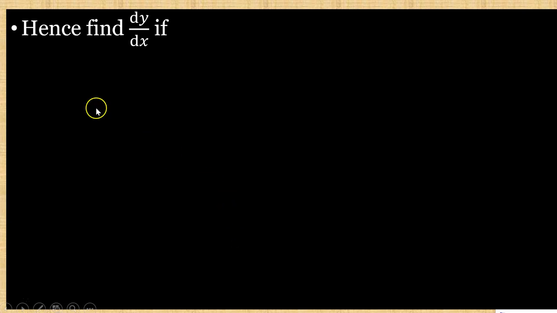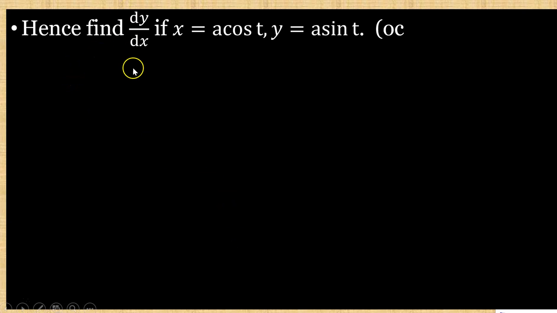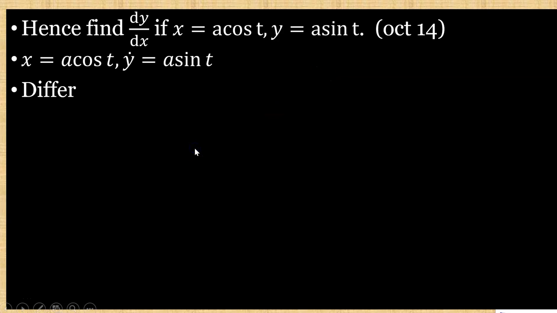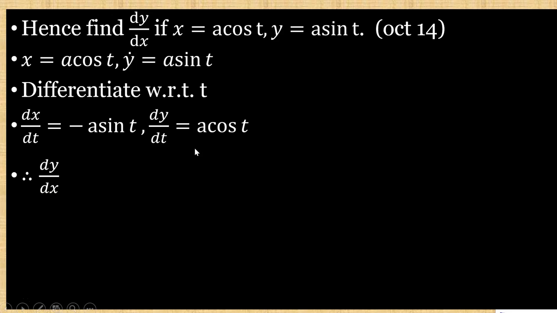Now the next one: also find dy by dx if x is equal to a cos t, y is equal to a sin t. This example was asked in October 14. dx by dt is equal to minus a sin t, and dy by dt is a cos t. dy by dx is equal to dy by dt upon dx by dt.